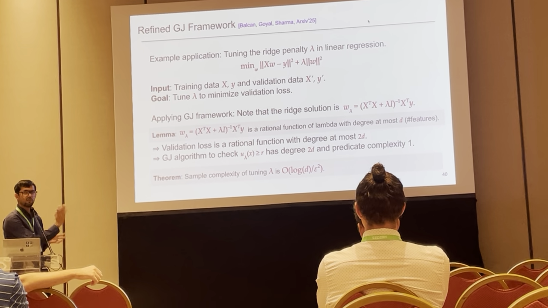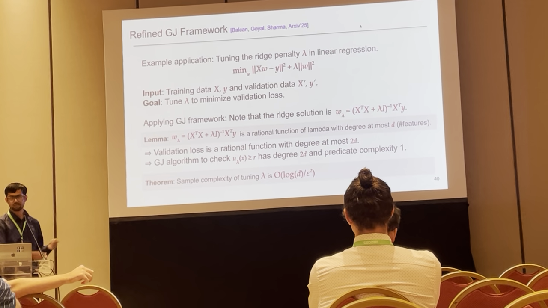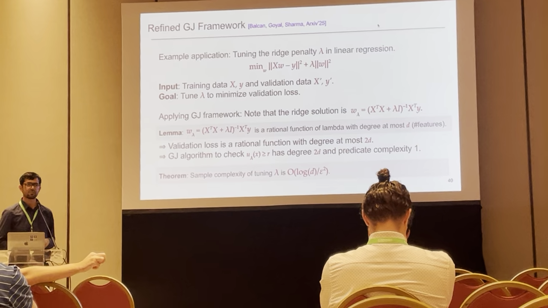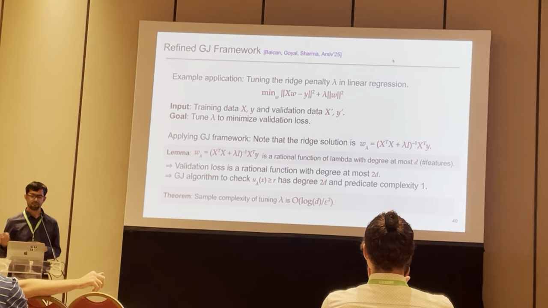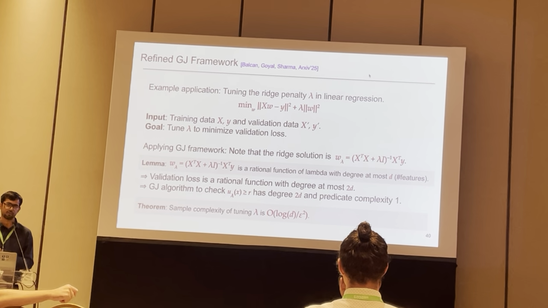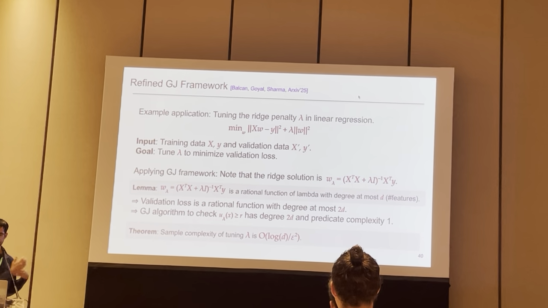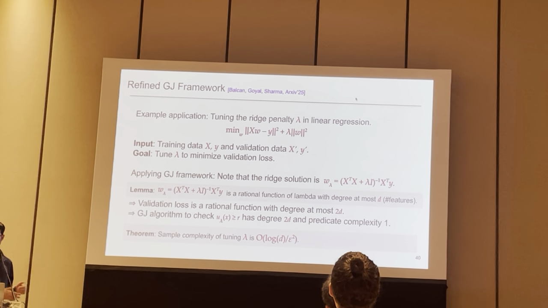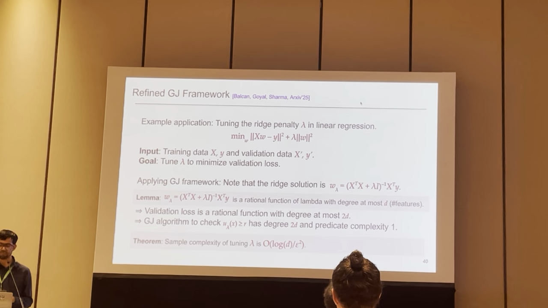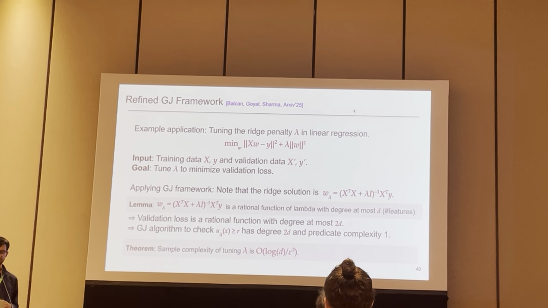One way to quantify that behavior is to express it as a rational function of your hyperparameter, and that will allow you to give bounds on how complex your algorithm can possibly be. In this case, you can show one simple lemma which says that it's going to be a rational function with degree at most d, where d is the number of features in your linear regression.